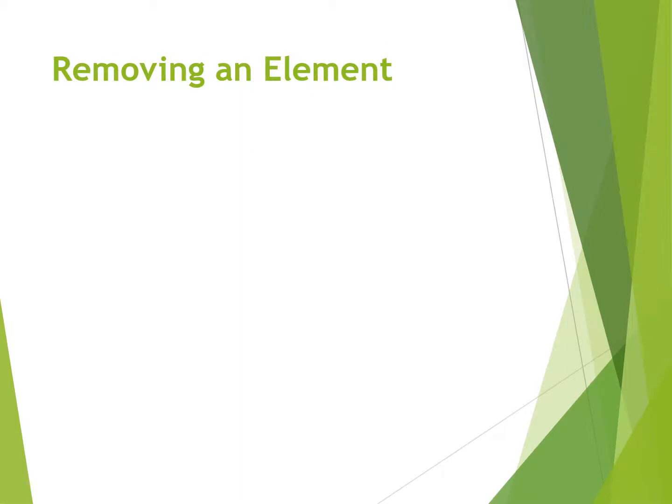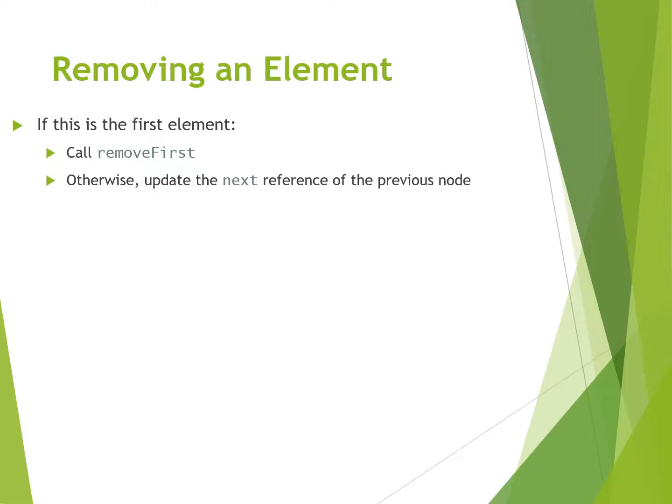So let's see how removing an element in the linked list iterator works. If the element that you're going to remove is the first element, then you have to call removeFirst. It's very simple. You have implemented removeFirst before, so you simply call that method. Otherwise, you need to update the next reference of the previous node. Do we have a reference to the previous node? Yes.